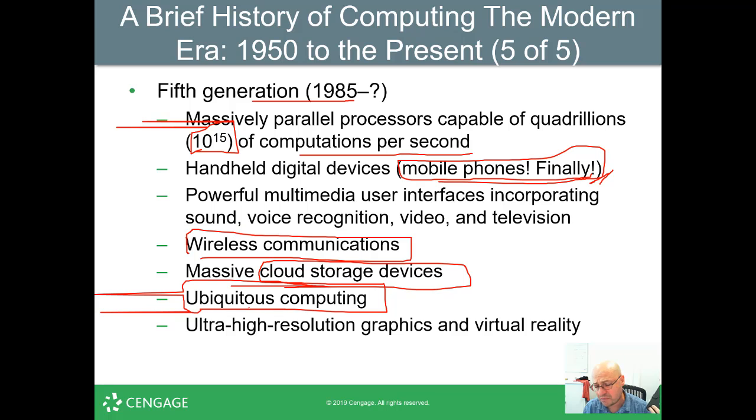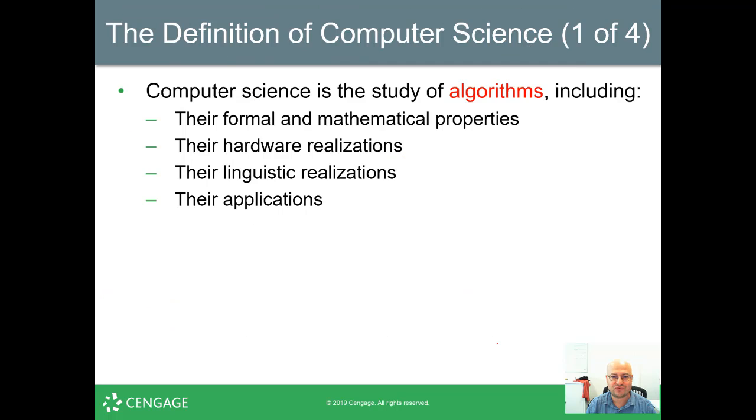My refrigerator can send me emails. And I have a light bulb at home. It's connected to the internet, and I can't access it anymore because I lost the password. Yeah, I lost the password of my light bulb. That is Internet of Things. Right. So also ultra high resolution graphics and virtual reality computer games.